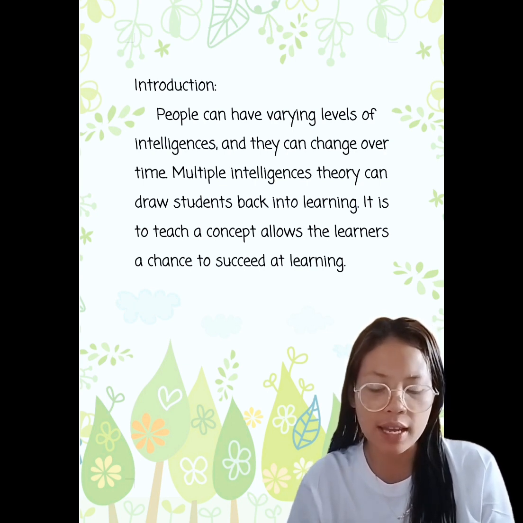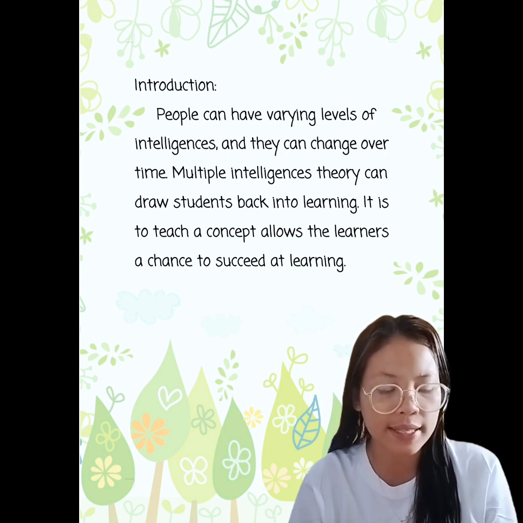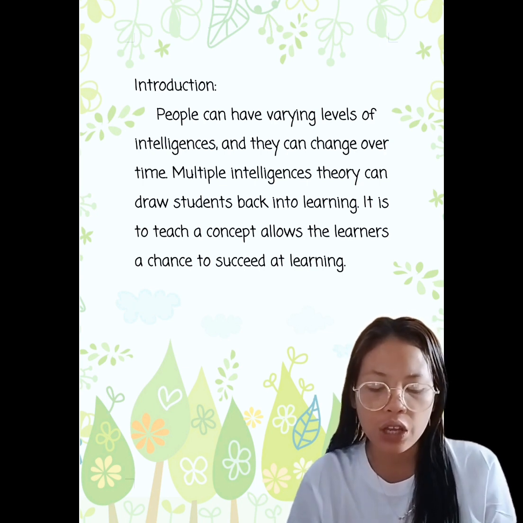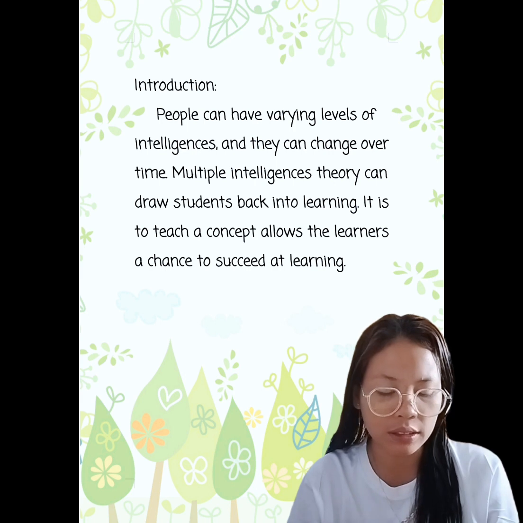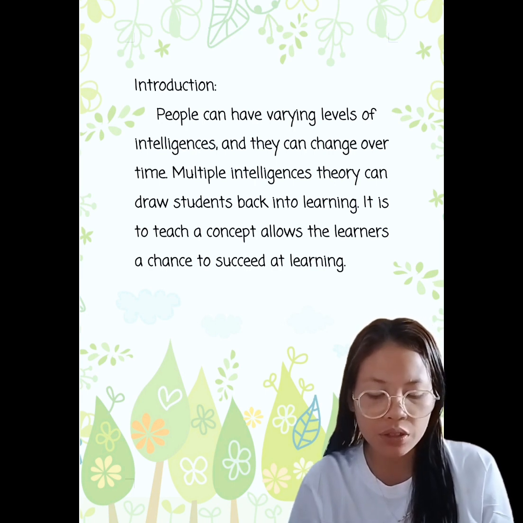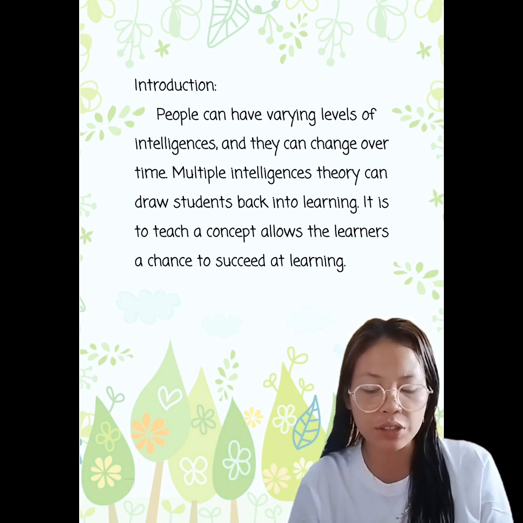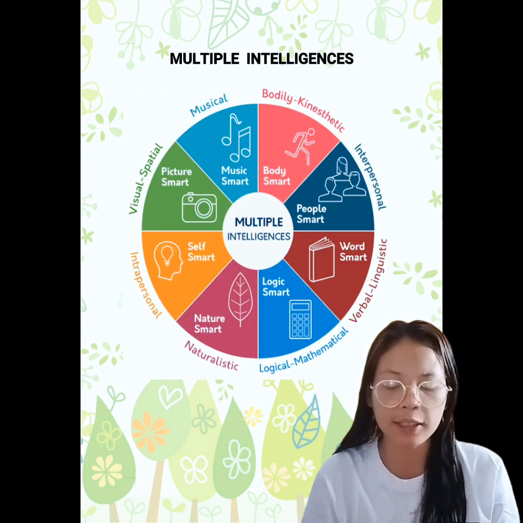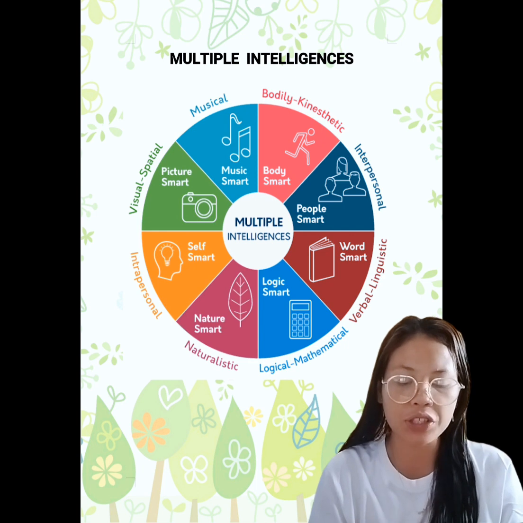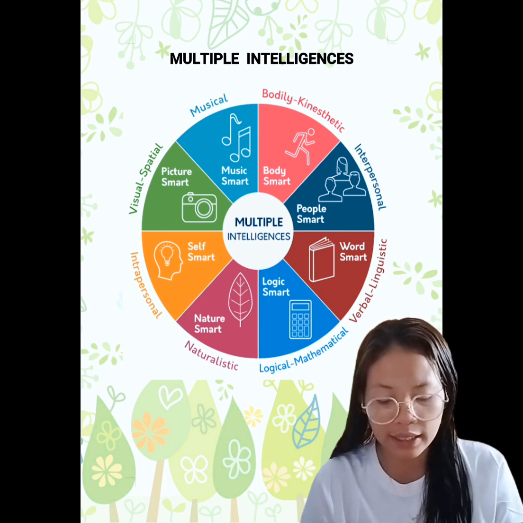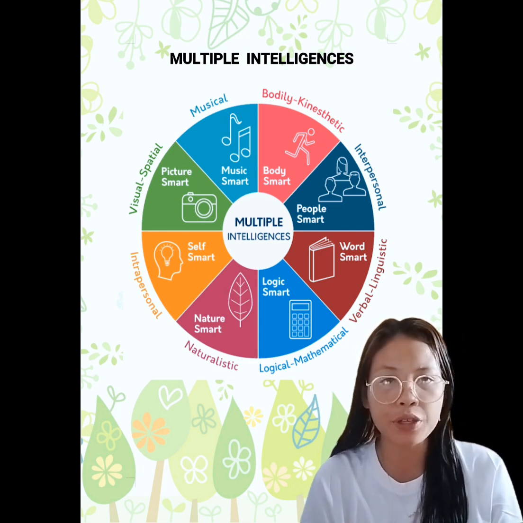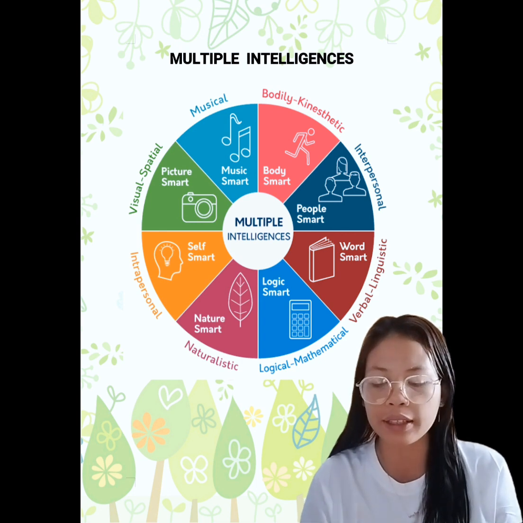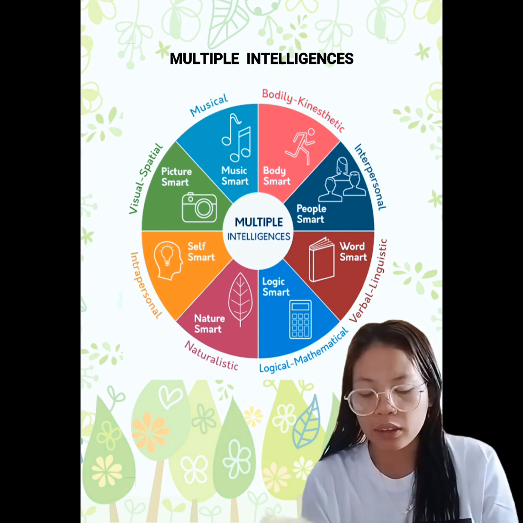Multiple intelligences theory can draw students back into learning using the 8 multiple intelligences. The 8 multiple intelligences are linguistic, logical-mathematical, spatial, bodily-kinesthetic, musical, interpersonal, intrapersonal, and the last is naturalist.